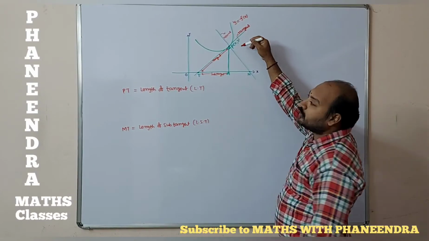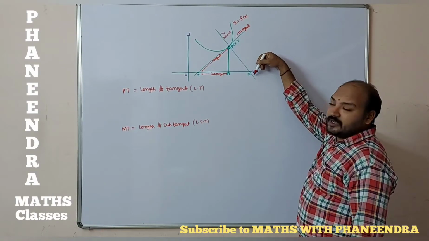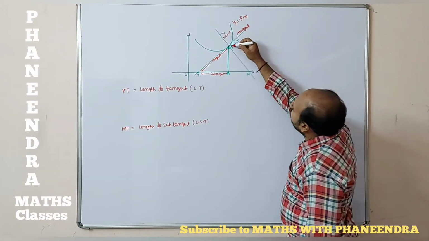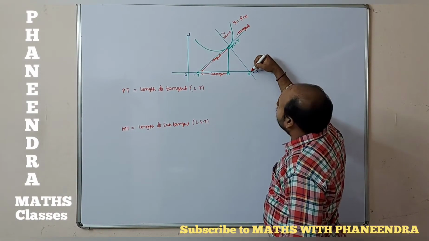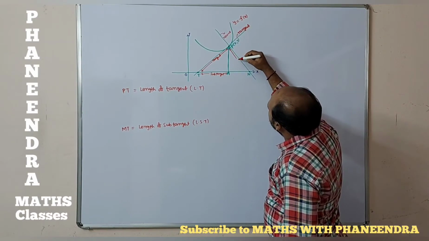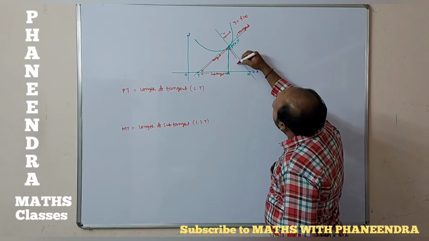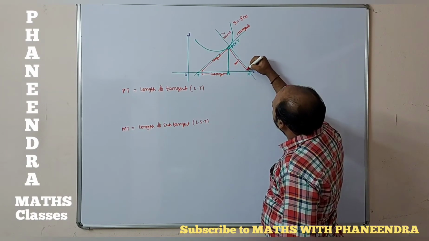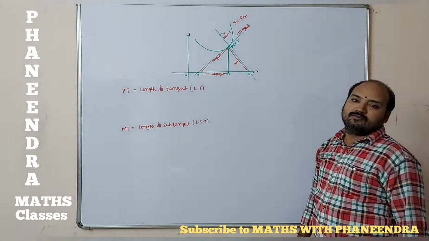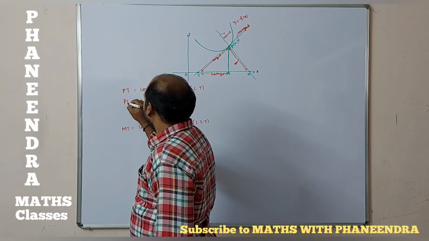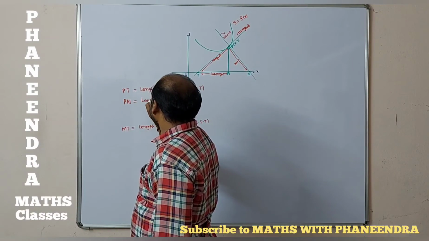Normal equation passing through the point P and which meets x-axis at the point N is called normal. From point P to the point N is length of normal. So this is the normal one. PN is equal to length of normal.